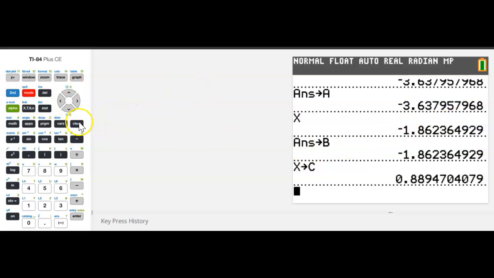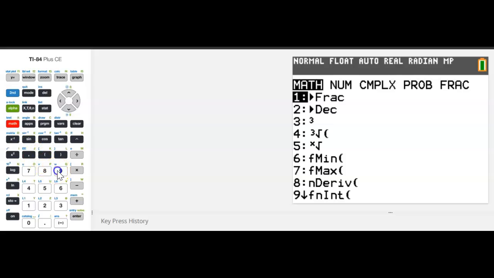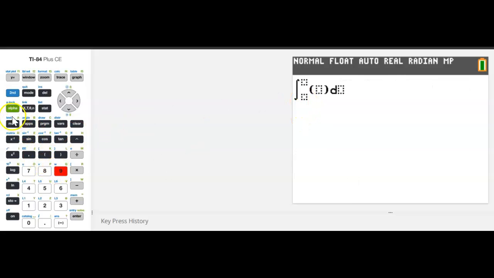I'm going to clear this away. And we want the integral, so that's math 9, and we're going from alpha A, so hit alpha A, and you can arrow to the right and it'll jump to the upper limit, so you can type in alpha B. And then for your integrand, remember this is y sub 2 minus y sub 1, the linear minus the cosine.